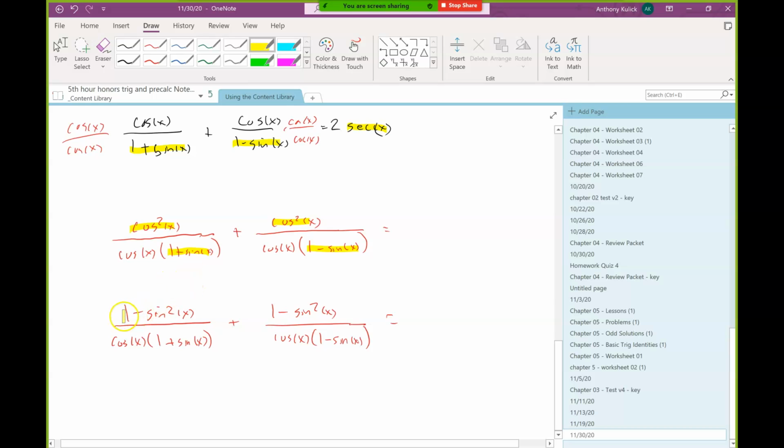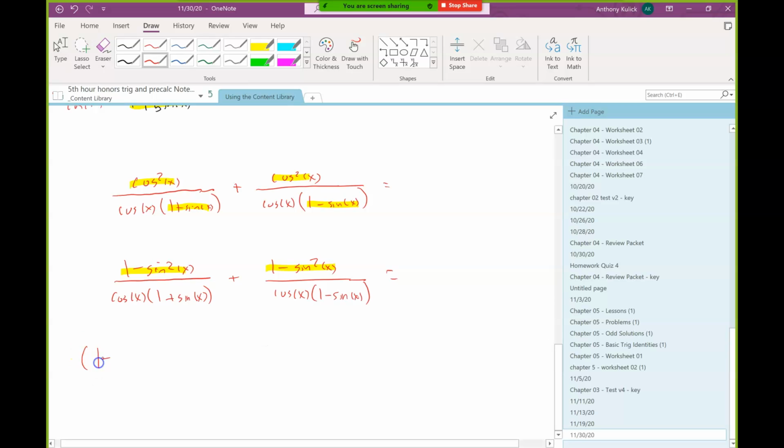So here's the trickiest part now. 1 minus sine squared is a difference of 2 squares. So I can factor that to be 1 minus sine x times 1 plus sine x.